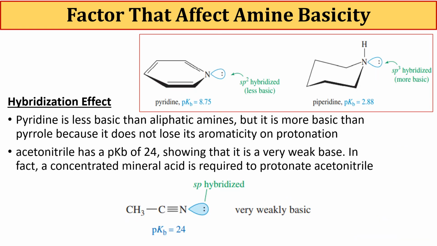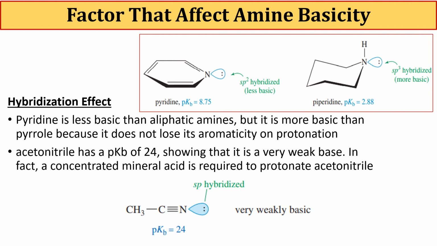Lastly, we are going to look at the hybridization effect. Our study of terminal alkynes shows that electrons are held more tightly by orbitals with more s character. This principle helps us to explain why unsaturated amines tend to be weaker bases than simple aliphatic amines.